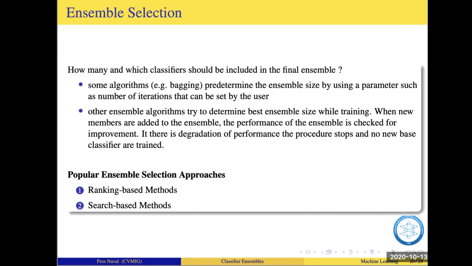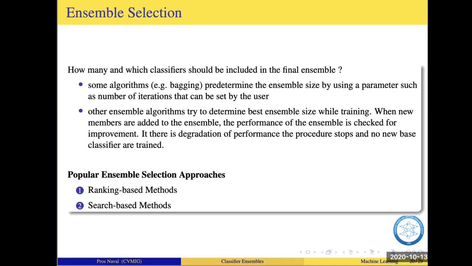That's for bagging. However, other ensemble algorithms try to determine the best size while training. So when new members are added to the ensemble, the performance of the ensemble is checked for improvement. If there is degradation of performance, the procedure stops and no new base classifiers are trained.